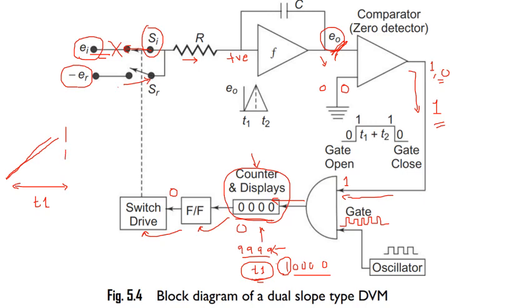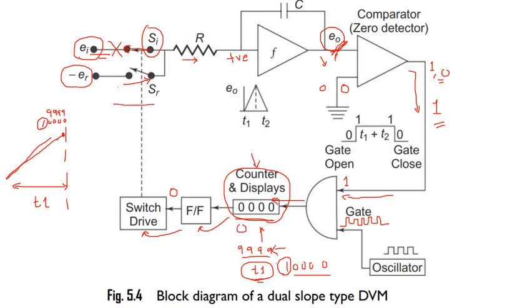So at this point your counter was 9999, another pulse is counted and it becomes 10000, and this one which is generated is going to switch your EI to minus ER.